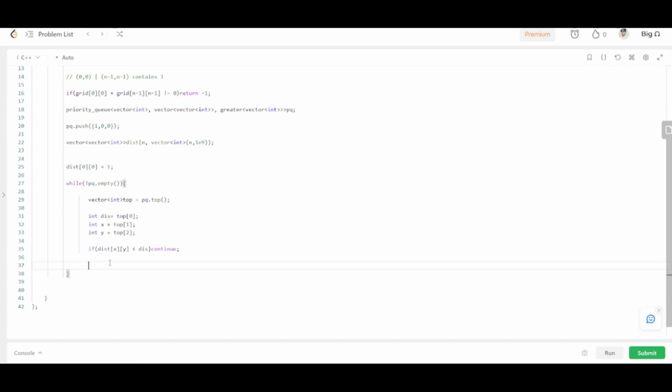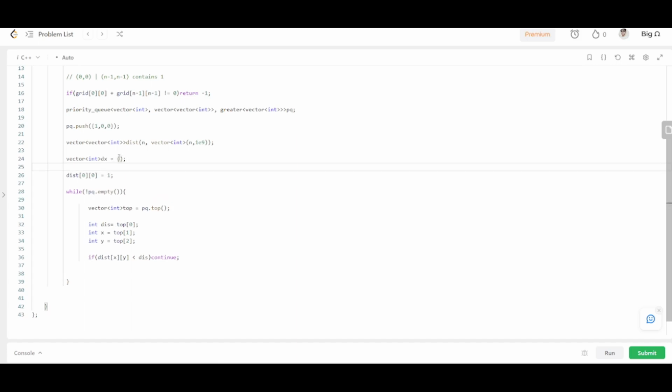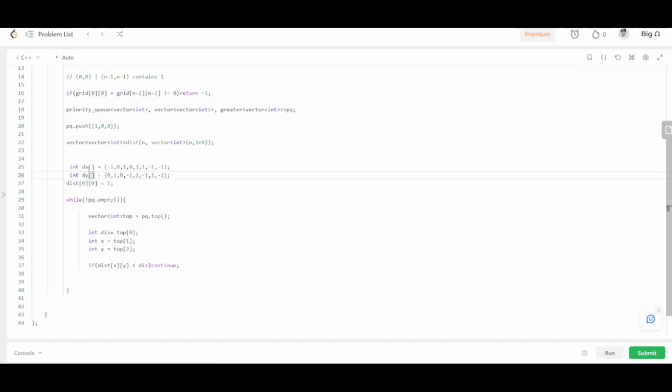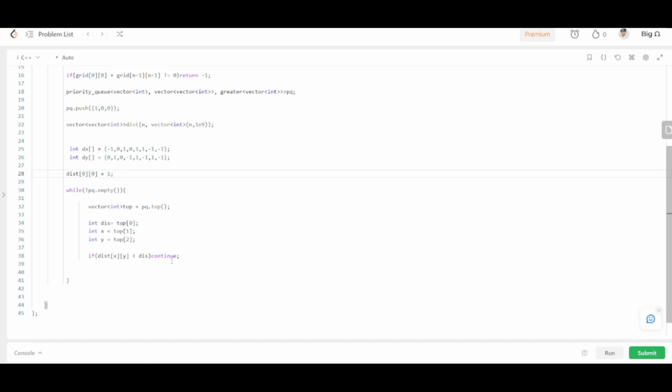move to all 8 adjacent directions. To do that, I declare 2 arrays, dx to move along the x direction, and an array dy to move along y. These vectors are used to move to the 8 adjacent directions of the given cell, because all of the cells which share an edge or a corner are adjacent cells.